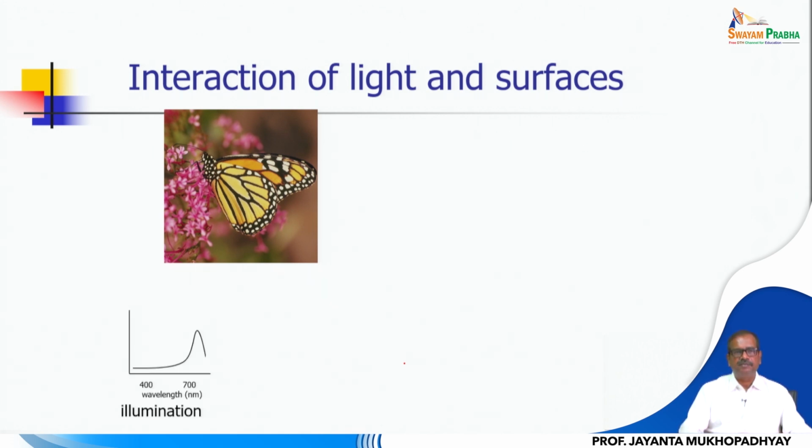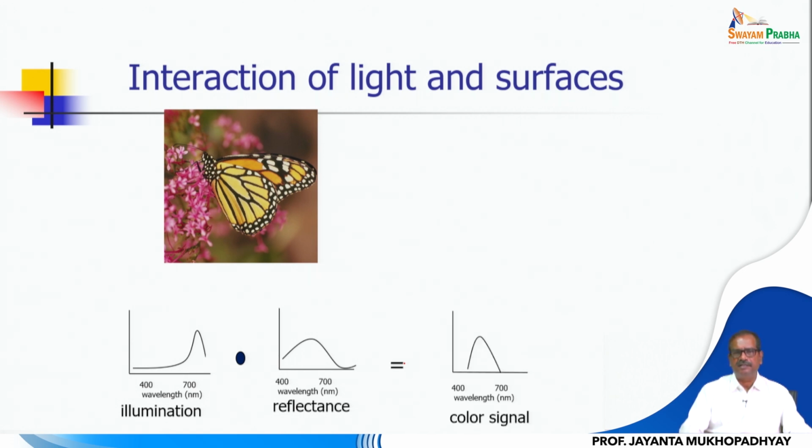One is illumination, which has its spectral profile. Then there is reflectance, which has its spectral profile. Naturally, reflectance simply multiplies with the illumination for a particular wavelength. So at every wavelength you get a modulated energy distribution, a spectral power distribution. It is a pointwise multiplication for each wavelength, and then you get another spectral profile of the received color signal which our sensors are receiving in the retina.